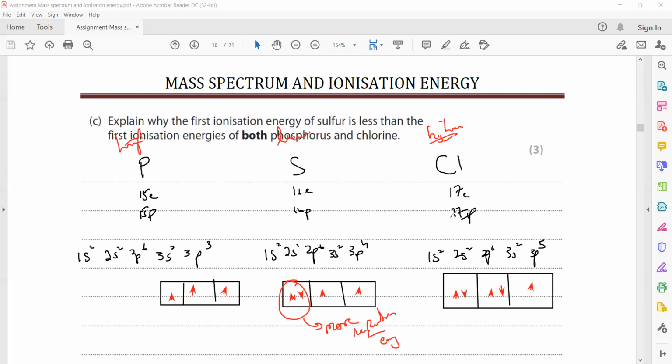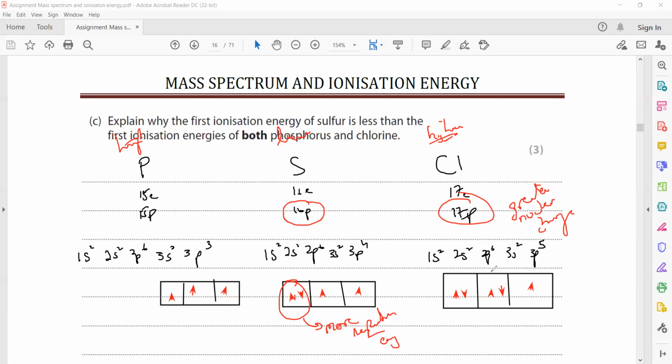So what is the reason? Basically, sulfur has 16 protons, but chlorine has 17 protons. So it will have a greater nuclear charge. That's why it will have a greater attraction toward the nucleus. So it will be difficult to remove an electron from chlorine even though there are two pairs.